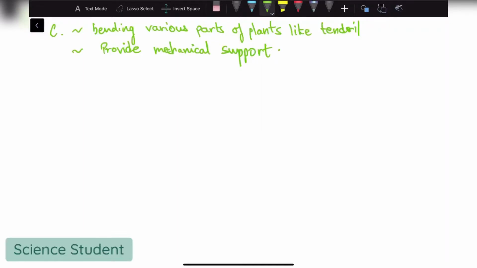If we bend beyond the capacity of the plant, they do not break. Okay, so which can also be implied that it provides flexibility. It makes the plant more flexible.